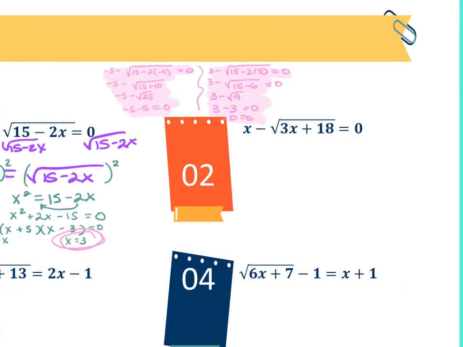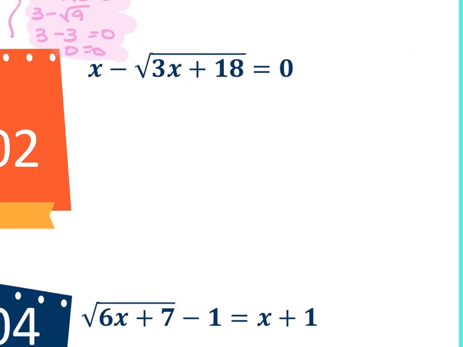So 2, what would be your first step? Add the square root. Good. Move that over there by adding it, right? So x equals the square root of 3x plus 18. Now square both sides. X squared equals 3x plus 18.